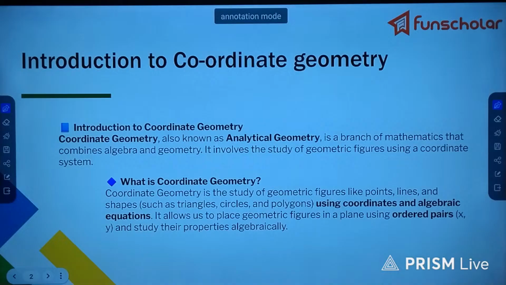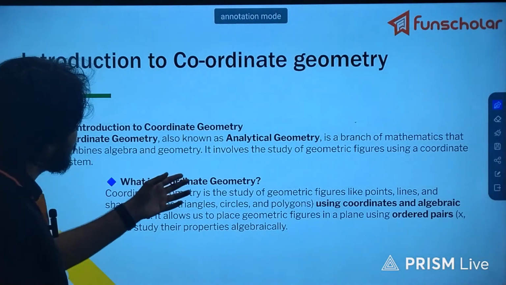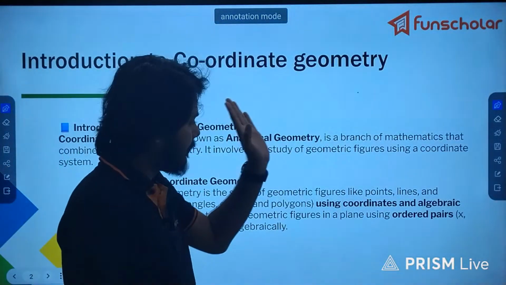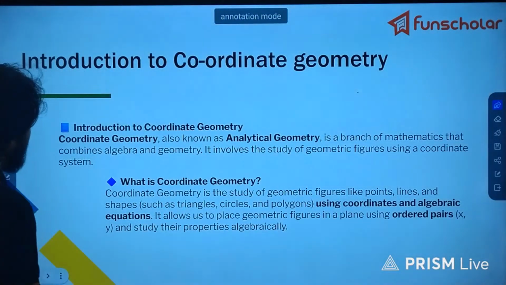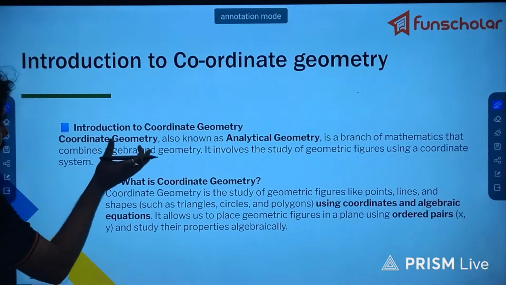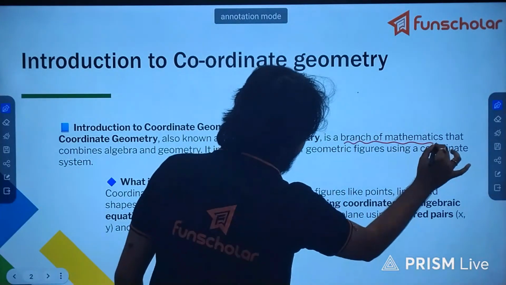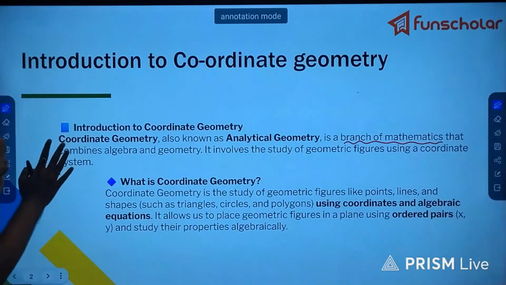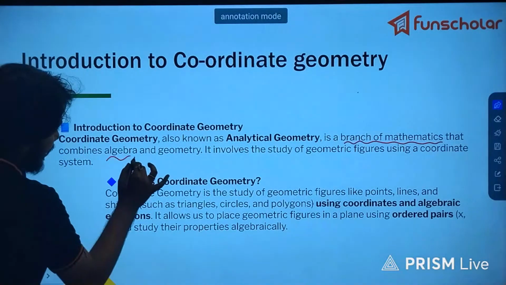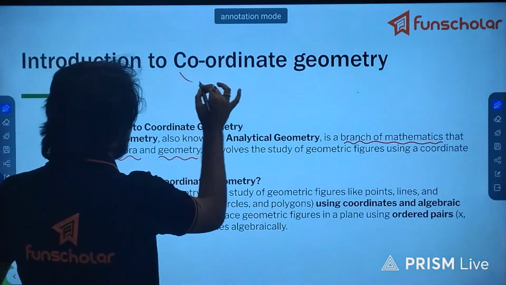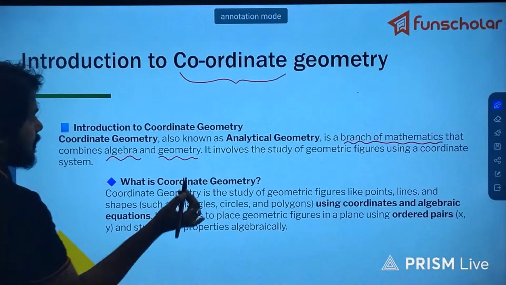Coordinate geometry, also known as analytical geometry, is a branch of mathematics that combines algebra and geometry. So what is the combination in coordinate geometry?